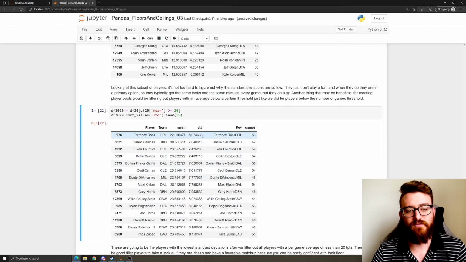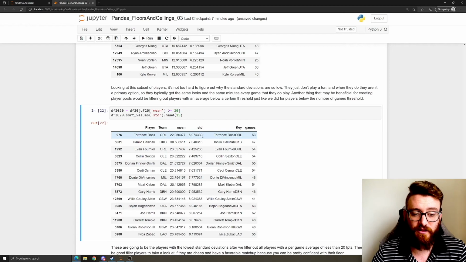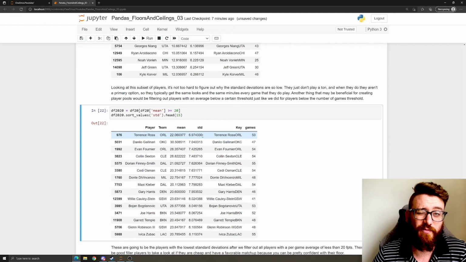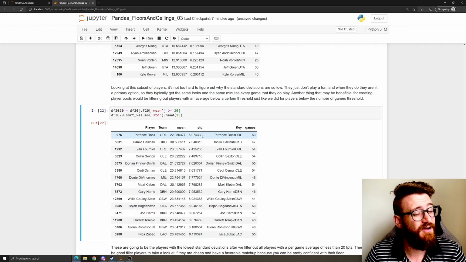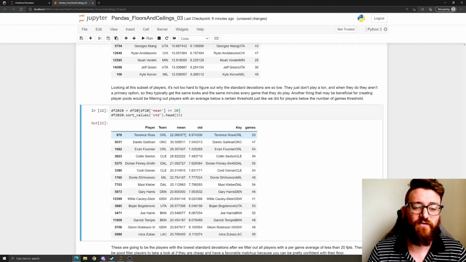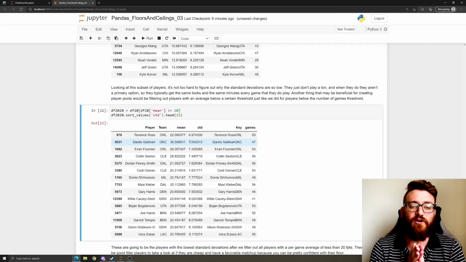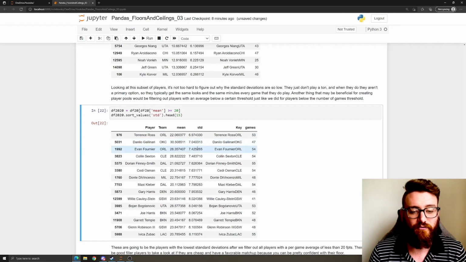So we've got Terrence Ross with Orlando, 6.97. That's relatively low. If we remember in part 2 with Aaron Gordon, I believe he was sitting at 9 something, his standard deviation. So he's not terribly far off, but remember, for every point this goes up, that's going to be increasing your range by 2 points for every standard deviation bound you go out.